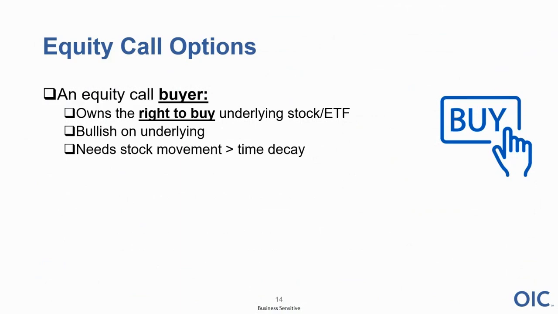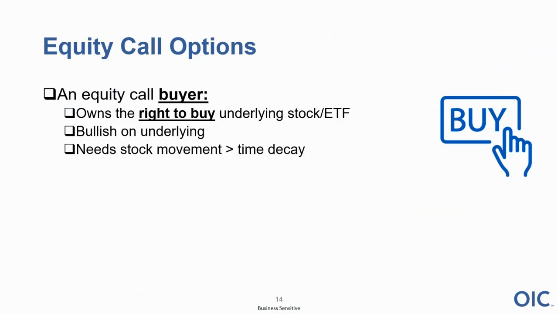Now, what I mean by that is the shorter the time frame, the less likelihood is for that contract to finish what we call in the money. And in the money is simply saying that the option has value based on where that stock price is.